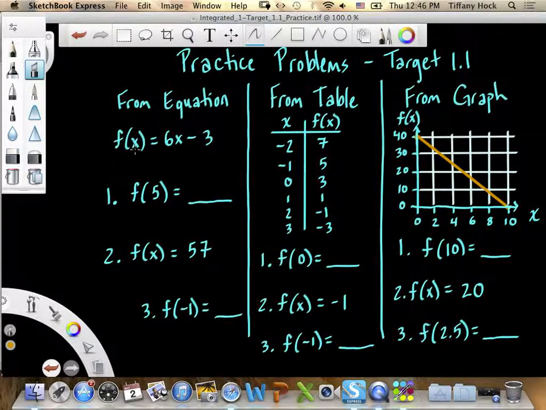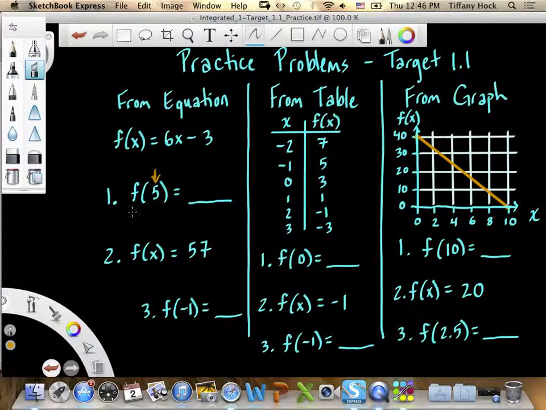So the equation was f of x equals 6x minus 3, and the problem says f of 5 equals what? So what I have to do is realize what this 5 stands for. Now notice the 5 is inside the parentheses, just like the x is inside the parentheses here. That means my x should be 5.